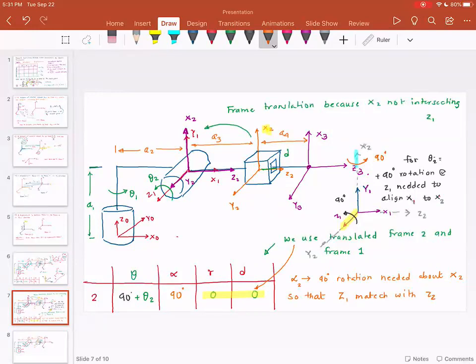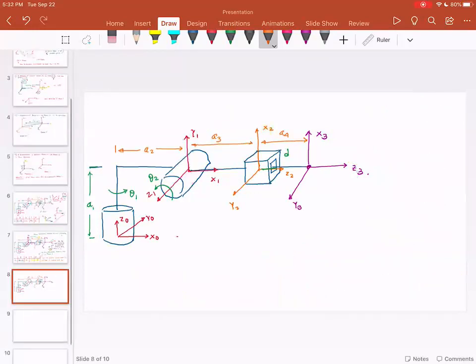R is 0 and D is 0. If you look at the kinematic diagram that I have drawn, originally x2, y2, z2 was a3 apart from frame 1. But since we translated the frame to meet all the 4 rules, the effective distance is 0.